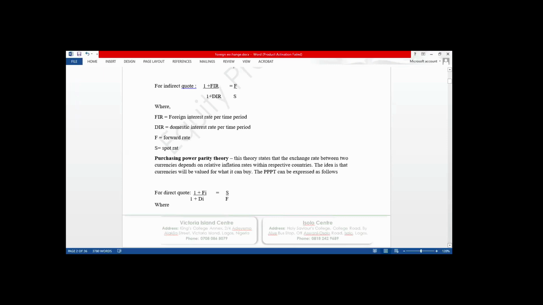Compare this to the inflation rate in US. That will tell you why Naira is depreciating. In Nigeria, the inflation rate is above 30%. In US, the inflation rate is like 2.5%. Definitely, Naira will depreciate in value.